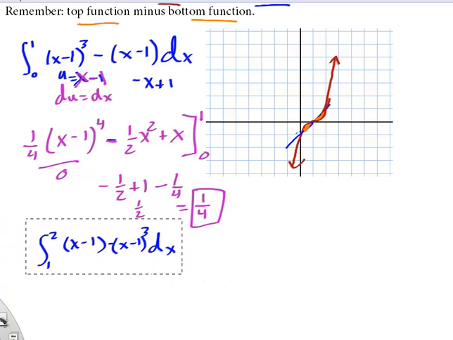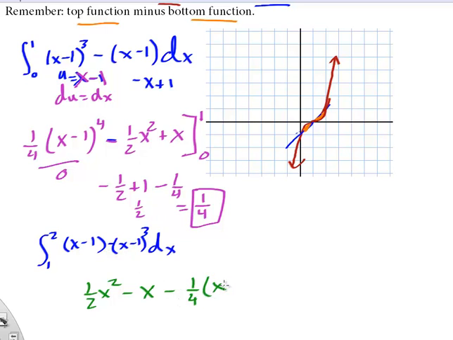All right. Now, with this problem, let's go ahead and integrate again. The integration of x is 1/2 x squared, minus 1 will be minus x. The integration of this, as we've determined over here, will be minus the 1/4 x minus 1 to the 4th.